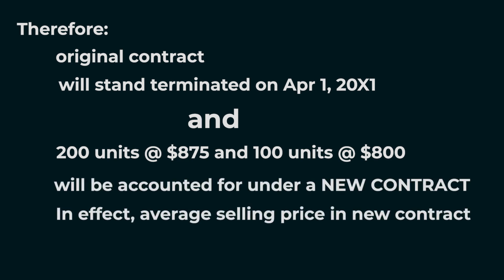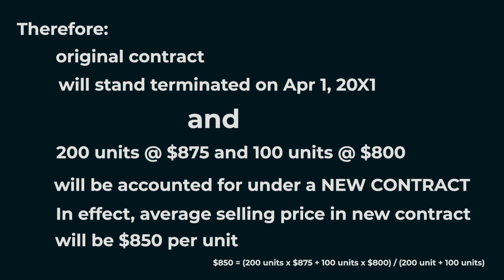In effect, the average selling price under the new contract will be $850 per unit. Here is the calculation. Net accounting result of this contract modification is revenue for all remaining 300 laptops to be delivered will be recorded at $850 per unit under a new contract.